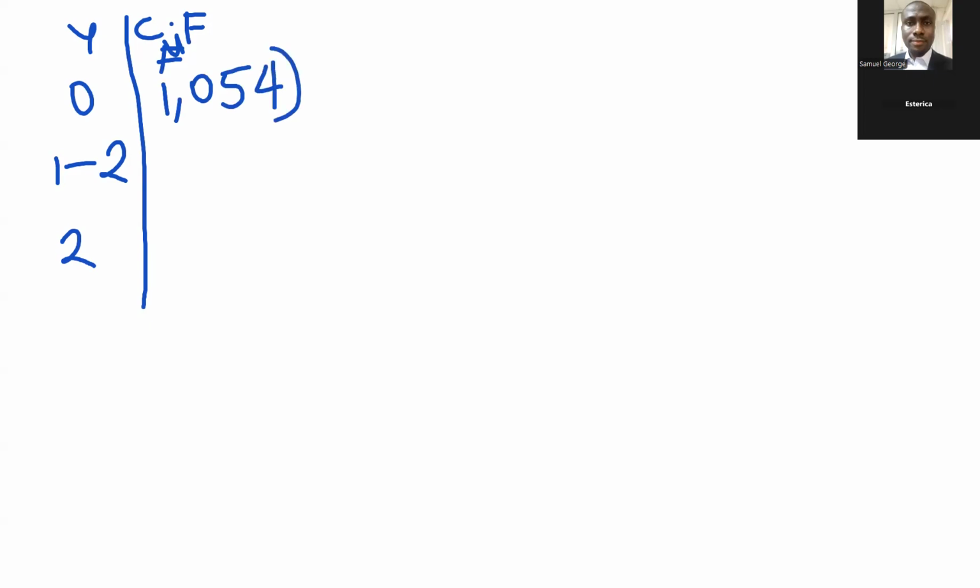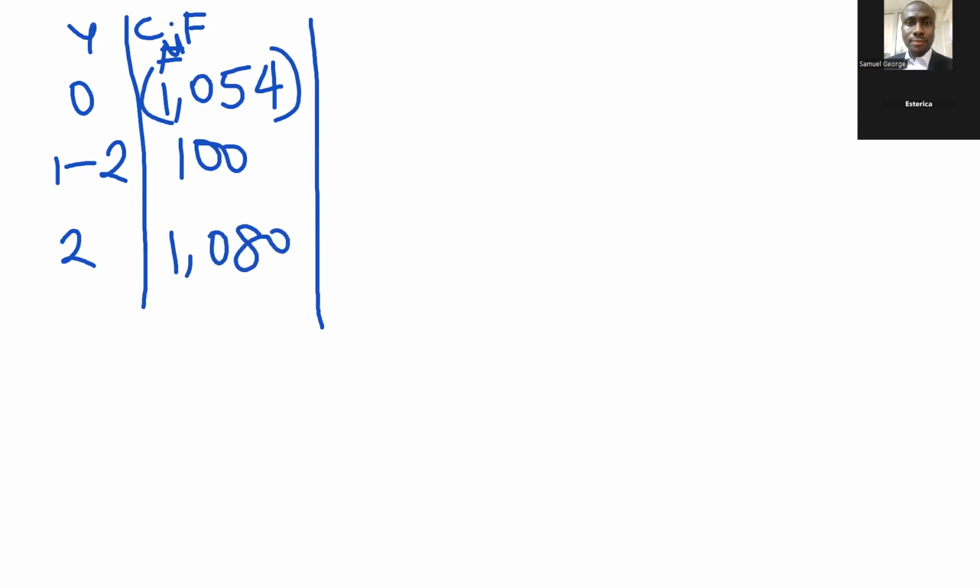That is going to be a cash outflow because that is the investment in year 0. What is the coupon we are going to be receiving for 2 years? 100 naira. We are going to have 100 naira in year one, 100 naira in year two. Now, what is the redemption value? The redemption value is 1,080.